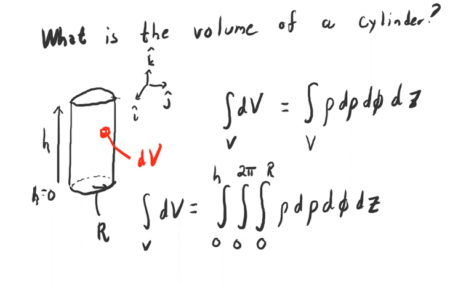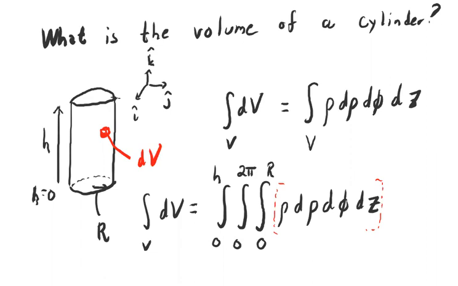So the whole point of this is to try to prove to ourselves that this expression for the differential volume element in cylindrical polar coordinates is correct. We actually derived it. I leave this integral up to you to do.